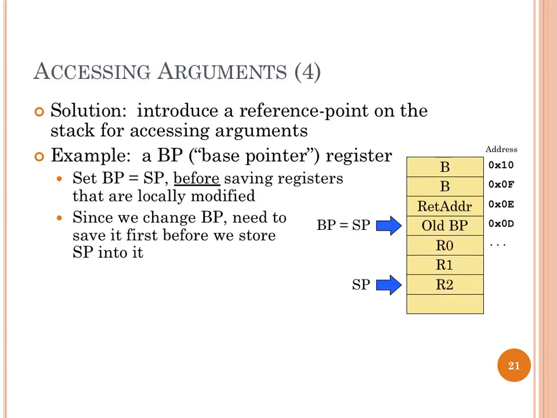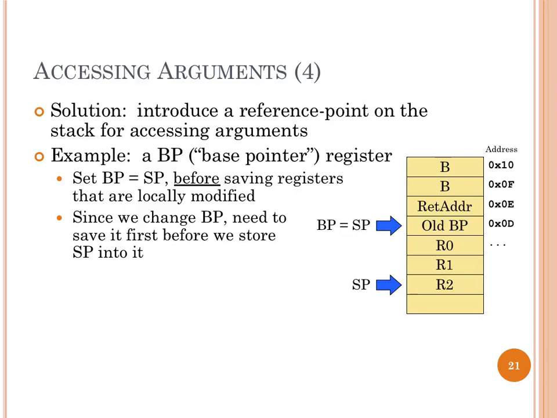And so the base pointer is the first thing that we set up when we enter into the subroutine. We say, you know what? Somebody may have been using the base pointer. If you have a subroutine calling a subroutine calling a subroutine, you can't assume that you're the first one to be using that base pointer. So the first thing you do is you save the old value of the base pointer, and then you set the base pointer to be the stack pointer. Okay, so you end up with something like this.